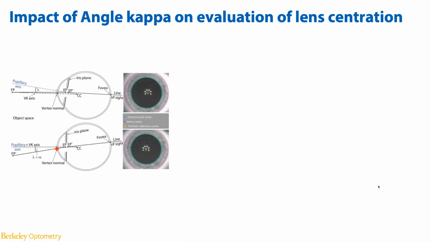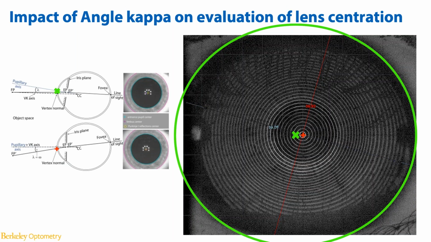As we can see from the diagram here, the angle kappa, or the angle lambda, is basically the angle between the pupillary axis and the line of sight. And so when we're doing corneal topography, if we're asking patients to fixate centrally, the reference point for the first placido ring, or for all of the placido rings, is actually where the line of sight is passing through the cornea.